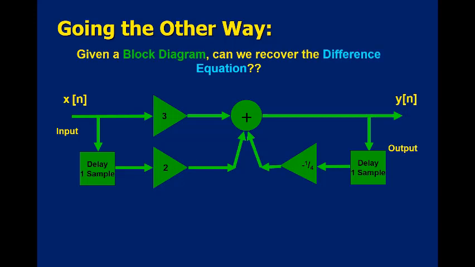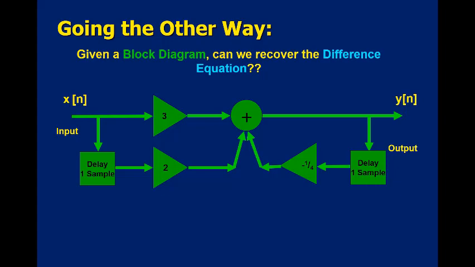Before we leave that, it works both ways. We should be able to see a difference equation and draw a block diagram implementation. So if you were given this as the block diagram implementing a digital system, trace that through and figure out what the equation of the output, y of n, is in terms of x of n and its delays, and maybe y of n and its delays.